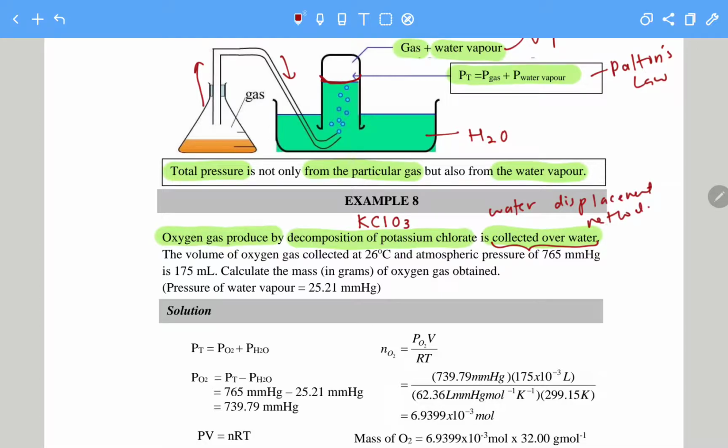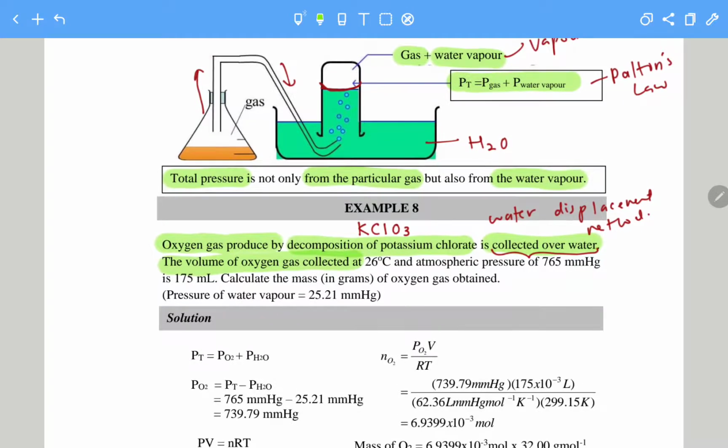Alright. So what are the informations given in the example? So it says that the volume of the gas collected at temperature 26 degrees Celsius. So you have the temperature, and atmospheric pressure of 765 mmHg. So this is your total pressure.